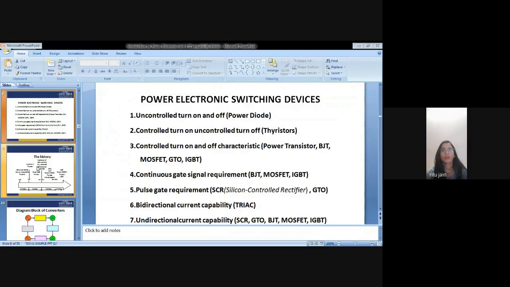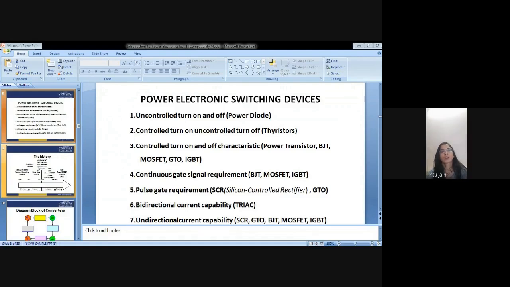First you have to trigger the SCR, after that it will remain on until you supply a negative pulse. Once you trigger this SCR, it will turn on. But in the case of BJT, MOSFET, IGBT, they continuously require your input signal, right?